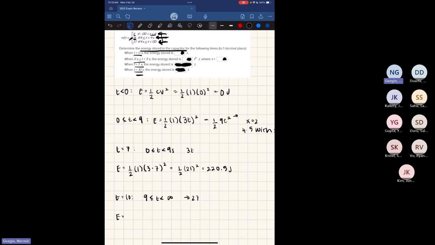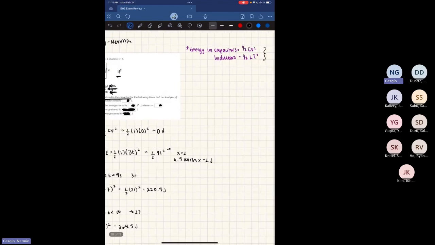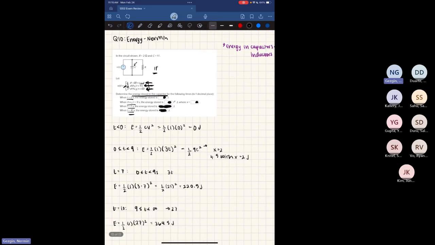So here we do E is equal to 1/2 times 1, the capacitor value, times 27 squared, and this is equal to 364.5 joules. So basically, for questions like these, first you have to remember these formulas here, and then afterwards you just have to take it step by step and look at each range and see where you fall between them.